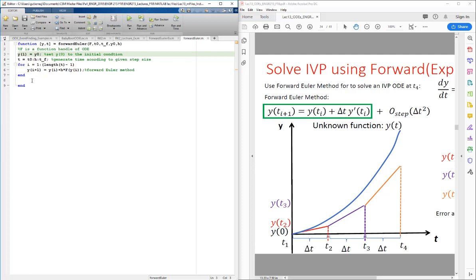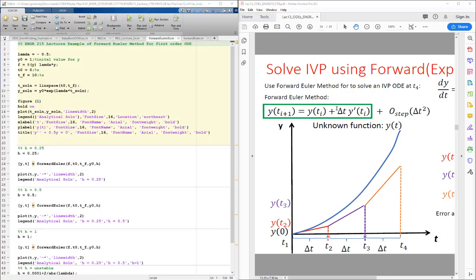The forward Euler method then would be y of i plus 1 is equal to y of i plus h times f of y of i. In this case, for our equation here, we'll assume that f doesn't vary with t. So now let's use this forward Euler method to solve the model equation.